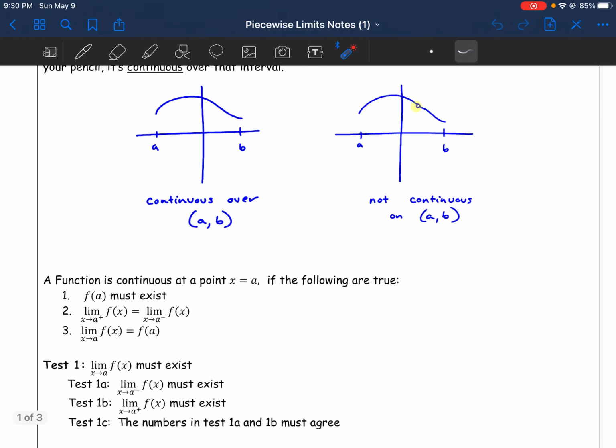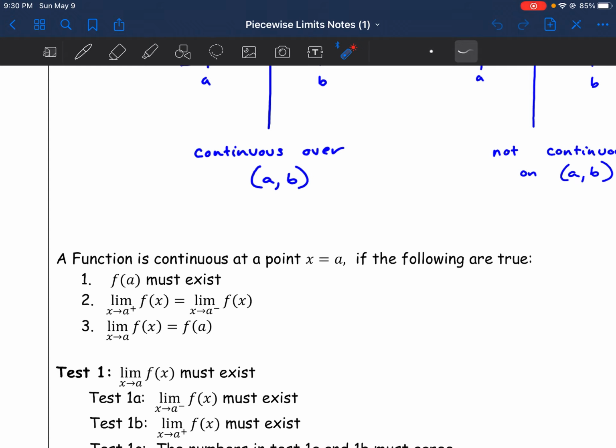Now, mathematically speaking, a function is continuous at a point x equals a if the following are true. First, the function value f of a must exist. The right side limit as x approaches a and the left side limit as x approaches a must be equal to each other.